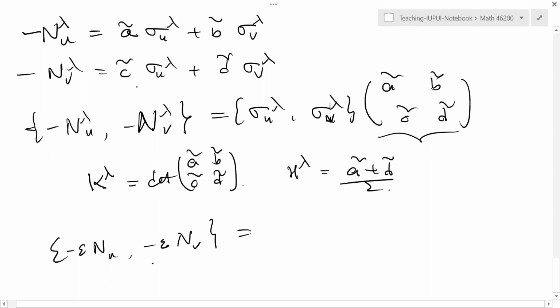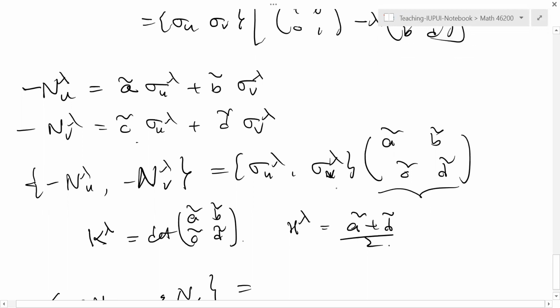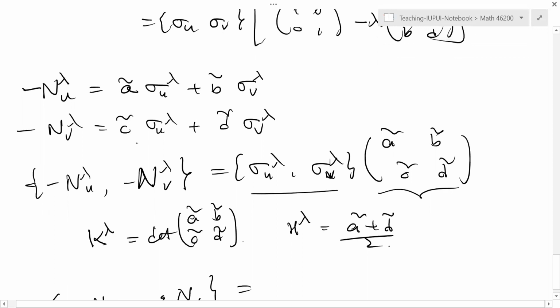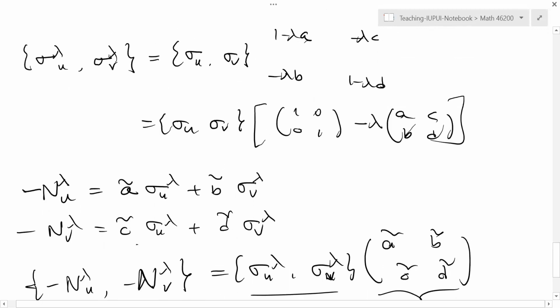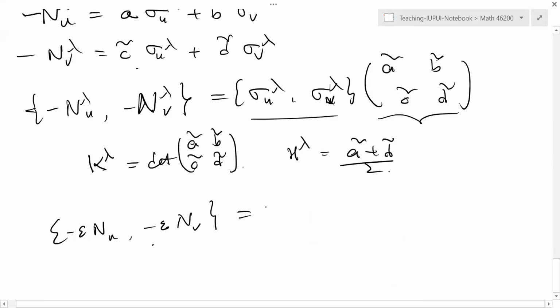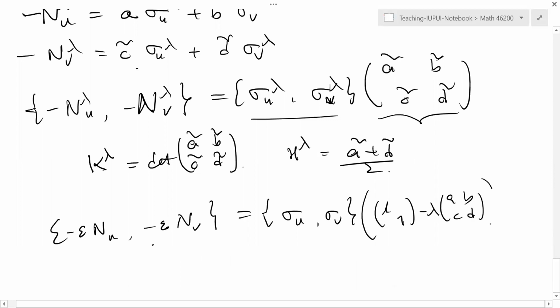And on this side, we have this identity, so I can have sigma u, sigma v, and here the matrix, which is actually the identity matrix, 1 minus lambda A, B, C, D. Then you have A tilde, B tilde, C tilde, D tilde.